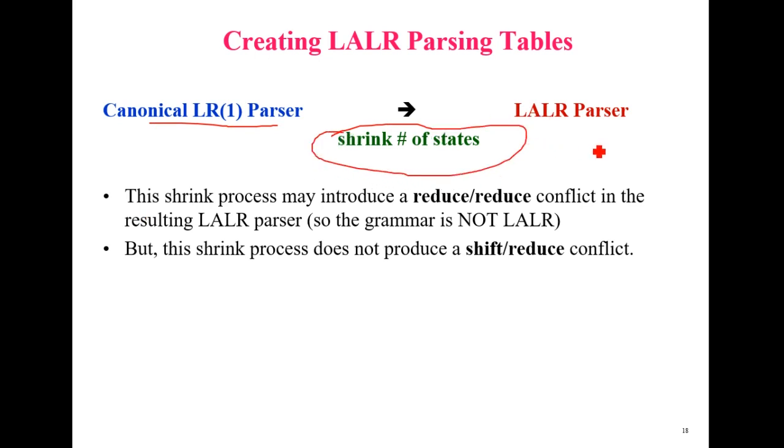So the output is the LALR parser. During this shrinking process, we may introduce reduce conflict. If any reduce conflict is introduced, then the grammar is not LALR1 grammar. But during this shrinking process, there is no chance of introducing shift reduce conflict.